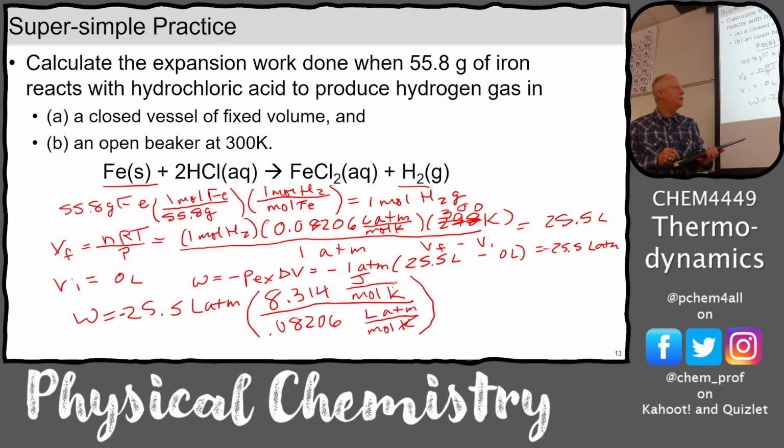So the Kelvins cancel, the moles cancel, the liter atmospheres cancel over here, and I've got joules. Totally legit. If you can get the units to cancel, that's your roadmap. And so you just multiply that 25.5 times 8.3, divide by 0.082. It should be about 100.